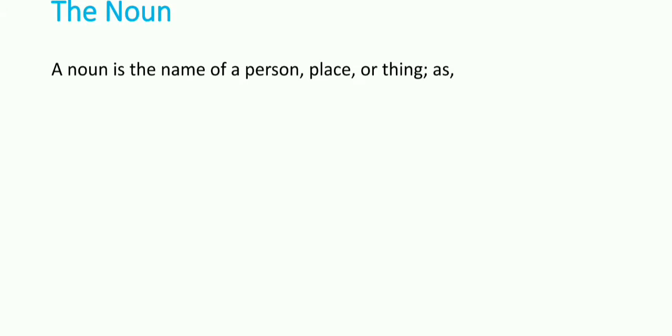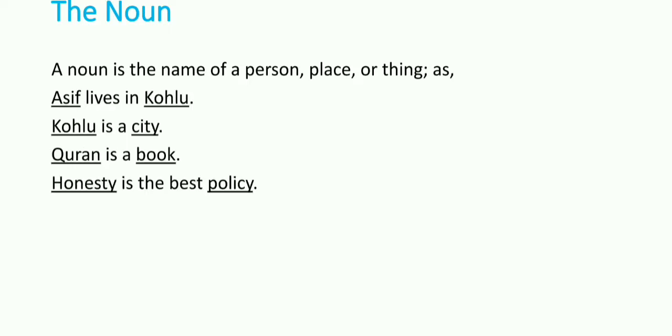First of all, we shall discuss the noun. What is a noun? Everyone knows about the noun. A noun is the name of a person, place, or thing. Any name is regarded as a noun. For example, Asif, Kohlu, book. If we change them into sentences, we may have: Asif lives in Kohlu.